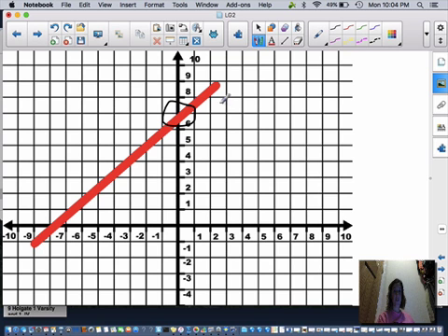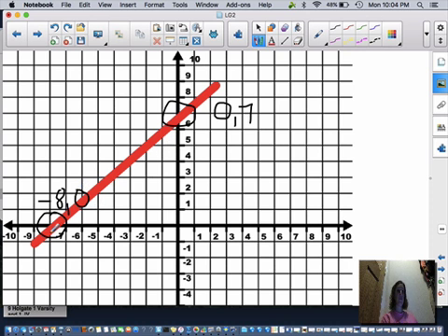So my y-intercept is when x is 0, and on this particular graph, y is 7. Now my x-intercept, my x is -8, and my y is 0.